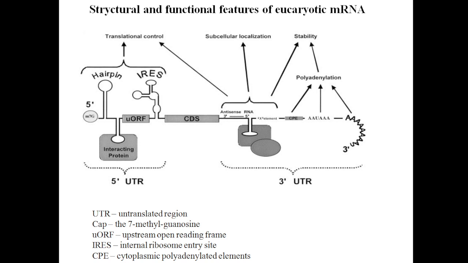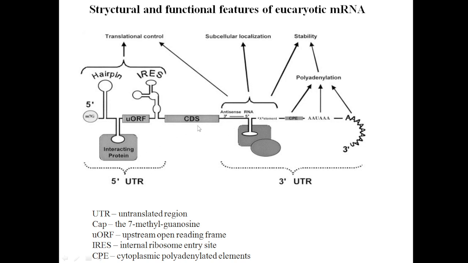Now again, I will repeat, you can see the structure of messenger RNA in eukaryotes. It has a site for binding with the ribosome, which provides frequency and affinity to ribosomes, frequency of interactions.